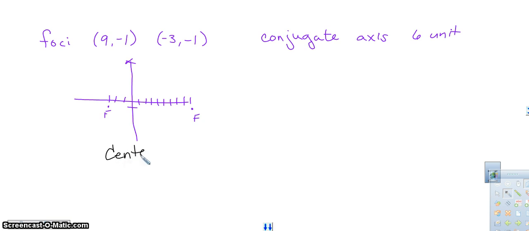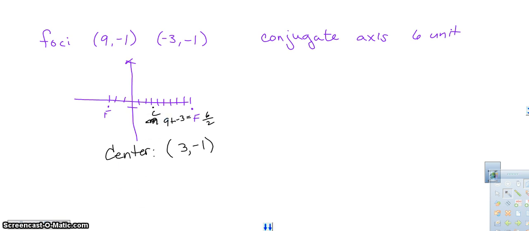The center is the midpoint between the foci, or the midpoint of the vertices if you have them. 9 plus negative 3 is 6, divided by 2 is 3, and negative 1 plus negative 1 divided by 2 is negative 1. So the center is at 3, negative 1.